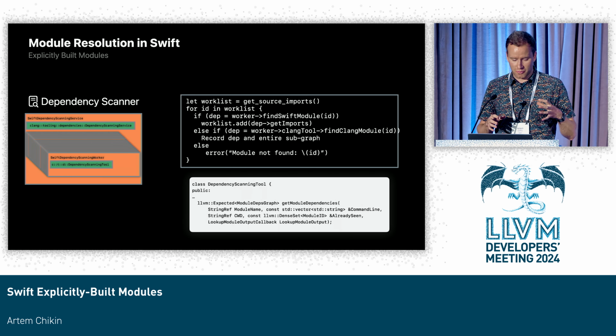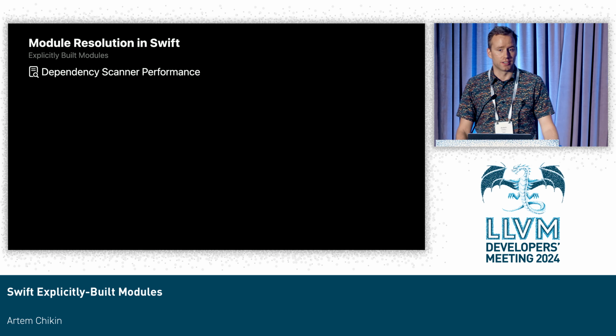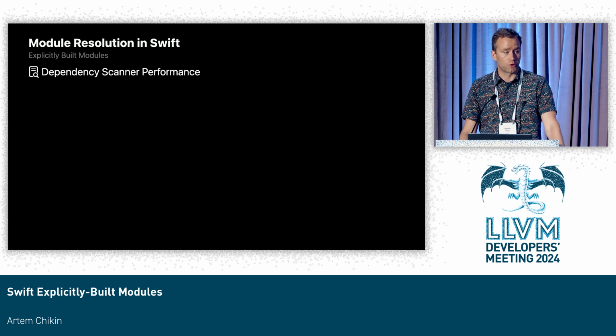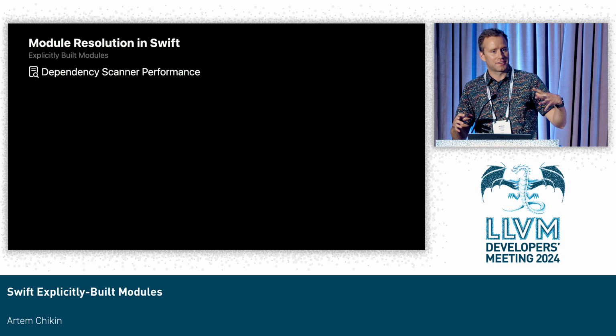Now, one of the key lessons that we've learned in transitioning our compilation model to use explicitly built modules is that dependency scanner performance is crucial. We have unlocked a lot more parallelism by having a much richer upfront task graph of all of the module dependencies.